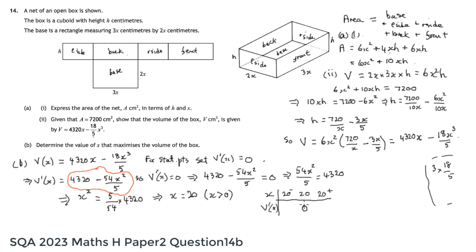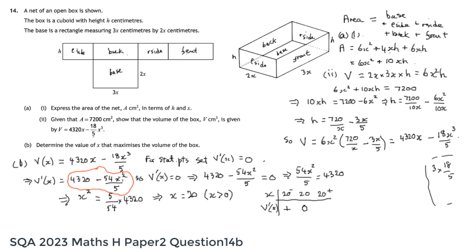So, if we go slightly to the left of 20, if we had 19 for instance, remember when x is 20, when we work this term out, we get exactly 4,320 to get that 0. 4,320 minus 4,320 will give us 0 when x is 20. So if we reduce x, say, to 19 squared, the number we're subtracting from 4,320 will be less than 4,320, and we'll get a positive value.